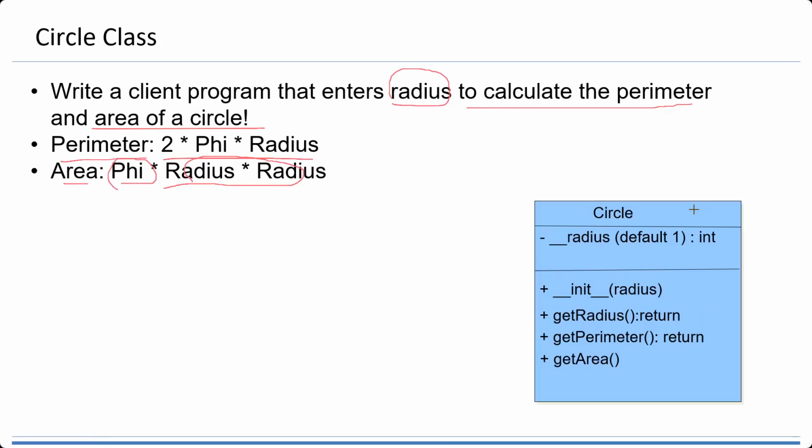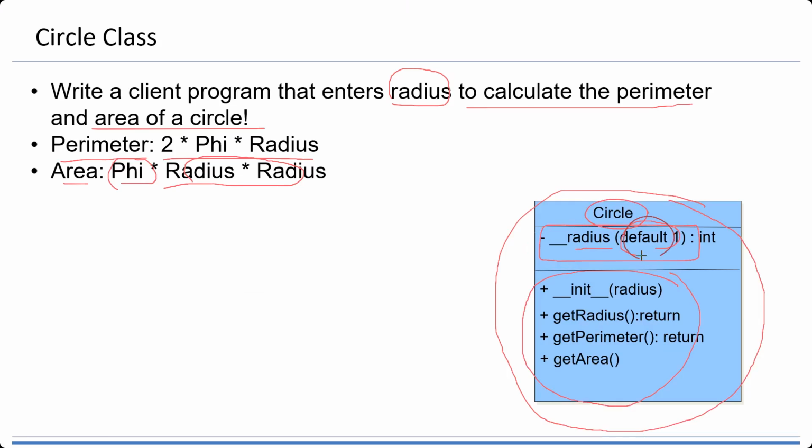So let me have the class diagram like this one. We have the class name, and then we have the data, which is radius, and then we have the methods. For the radius, the default value is 1, and let the radius be an integer.